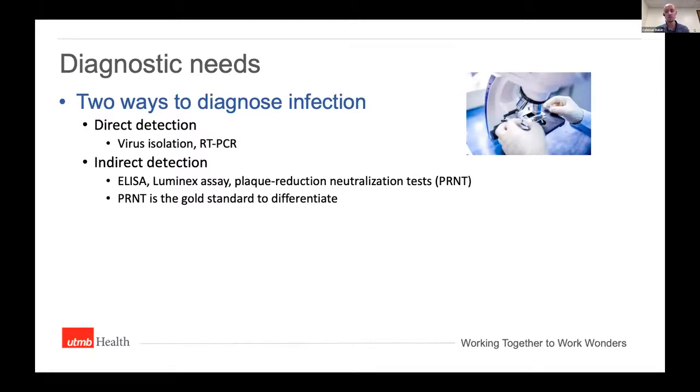These are typically done by serology and are completed with ELISAs, Luminex assays, or plaque reduction neutralization tests, which are typically considered the gold standard because of their ability to differentiate infections that have a lot of cross-reactivity, as is well documented for flaviviruses.